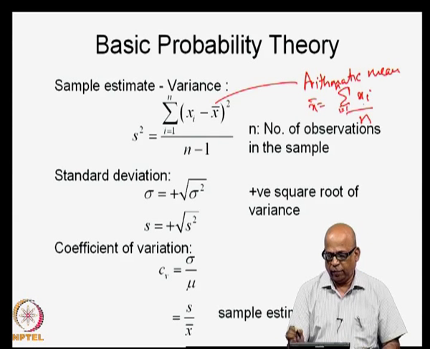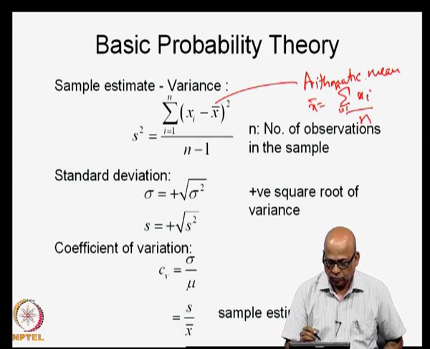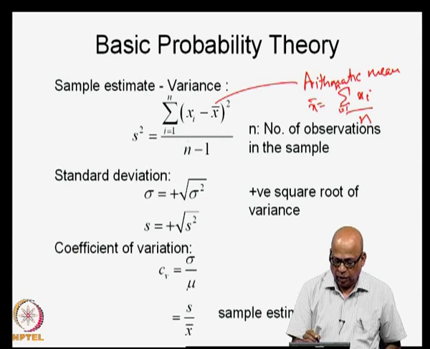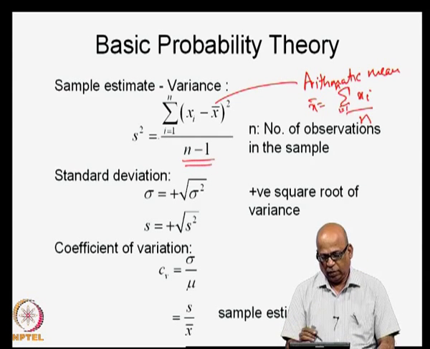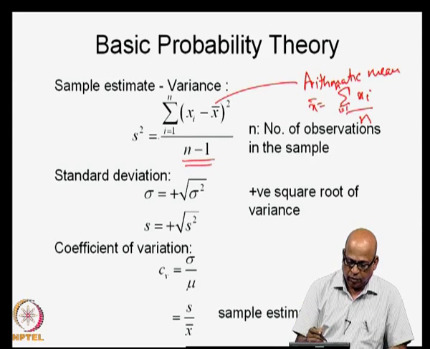So, this is simply the arithmetic average. The sum is divided by n minus 1. We use n minus 1 instead of n because we are interested in what is called an unbiased estimate.